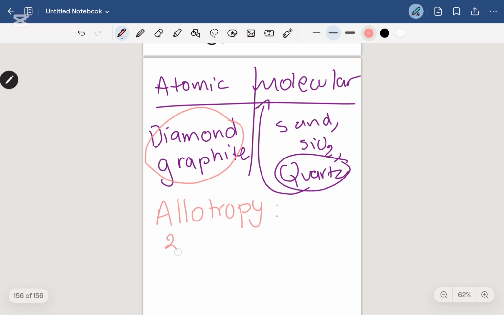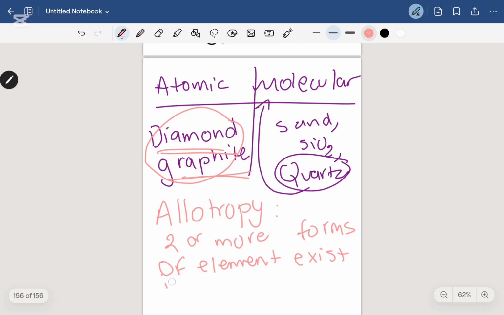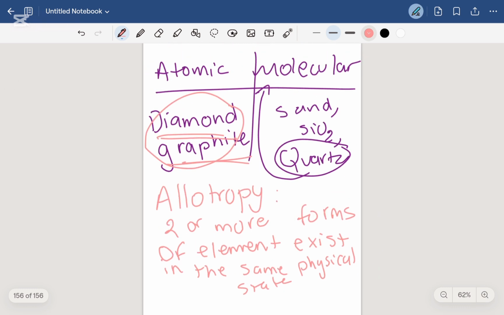So two or more forms of an element, we are talking about carbon, exist in the same physical state. So diamond is solid, graphite is solid, in the same physical state, okay?